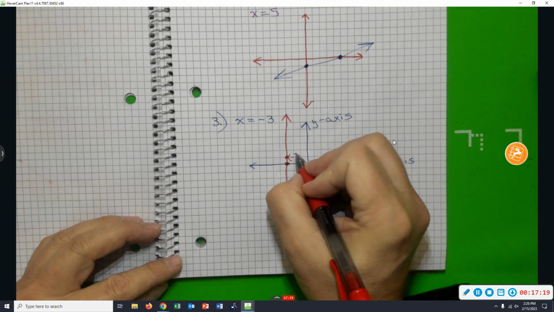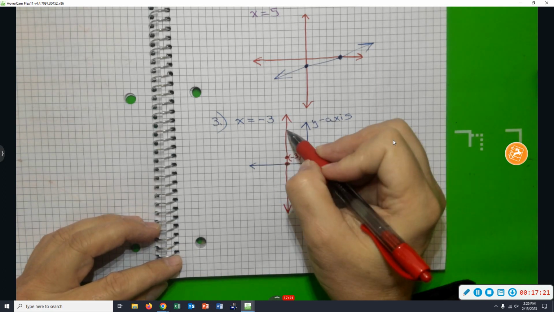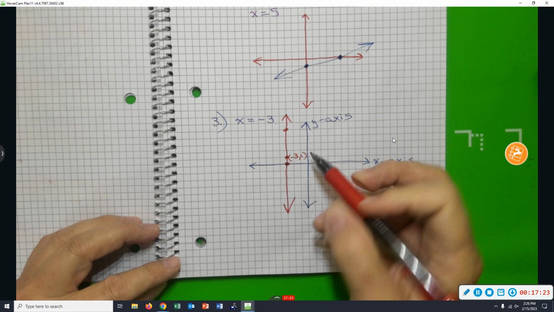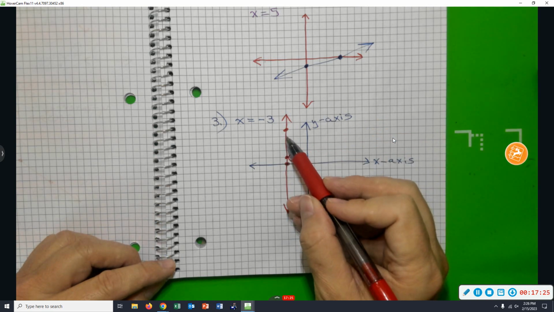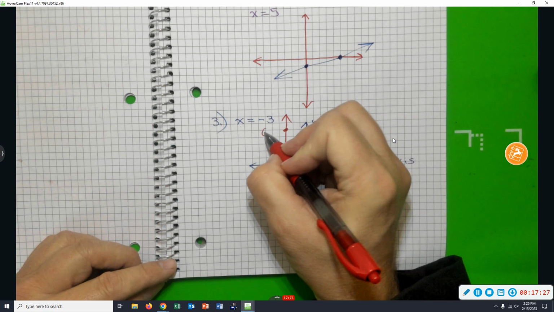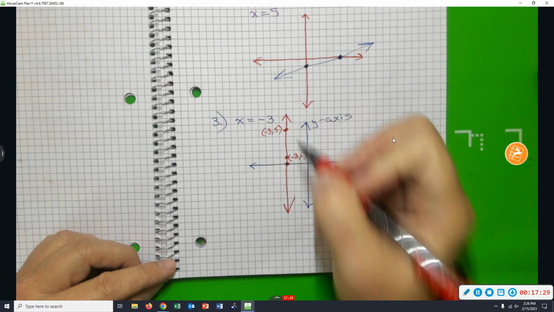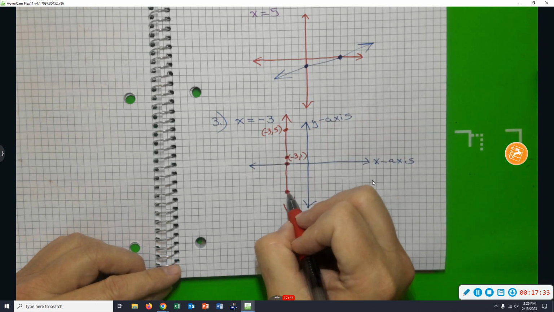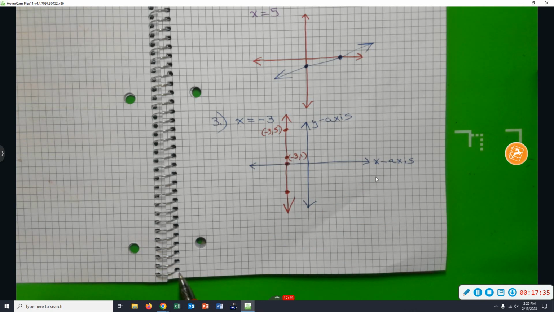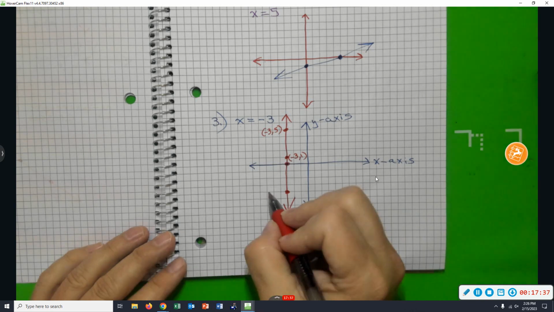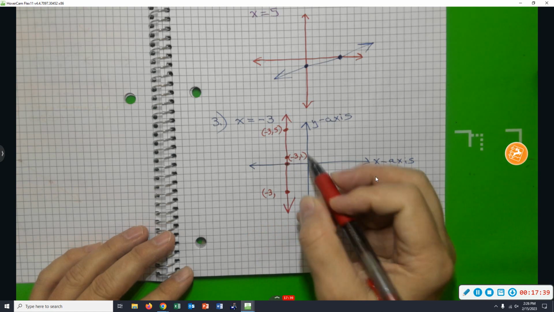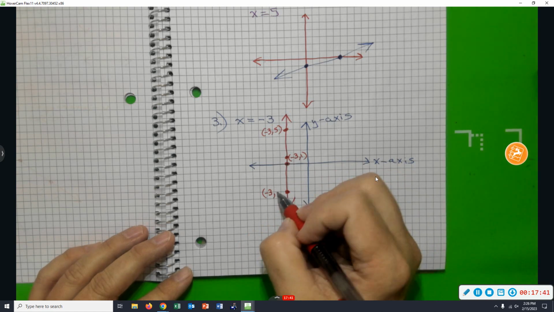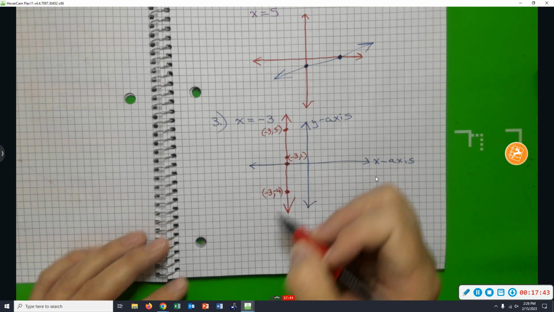Negative 3, 1. I agree. What about this one here? Can you all count? 1, 2, 3, 4. What is that? Negative 3, 5. What about this point right here? 1, 2, 3. I think it's negative 3, negative 4.